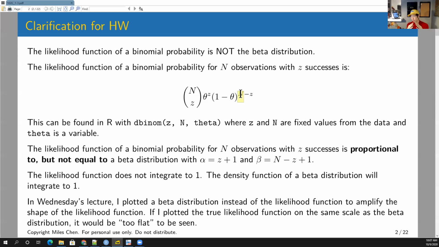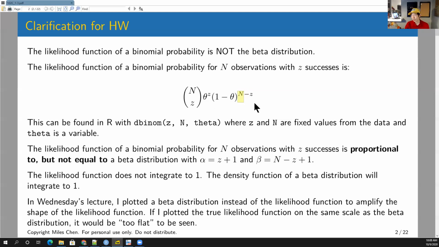So if you plot the true likelihood versus a probability density, the density will have a peak like this, and the true likelihood will look almost flat if it's a big data set. If it's a small data set, there might be a little bump, but it's certainly not going to have an area equal to 1. Does that make sense? Does that help clarify things?